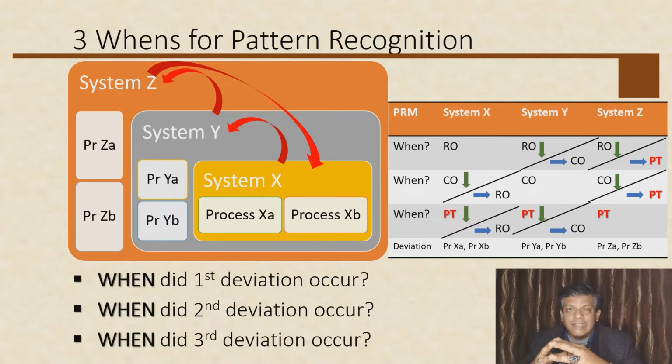Now, considering any system, let's say for example system X, if there was a deviation for the first time in system X for any process, whether it is process XA or process XB, the first occurrence of deviation can always be considered as a random occurrence, and the second occurrence can still be considered as a mere coincidence.